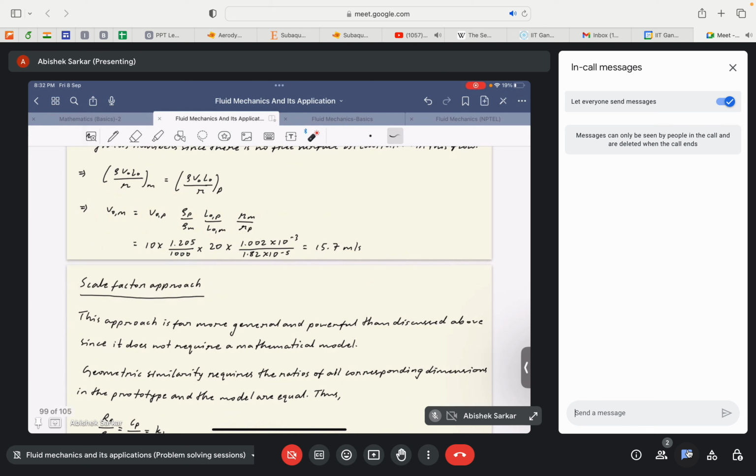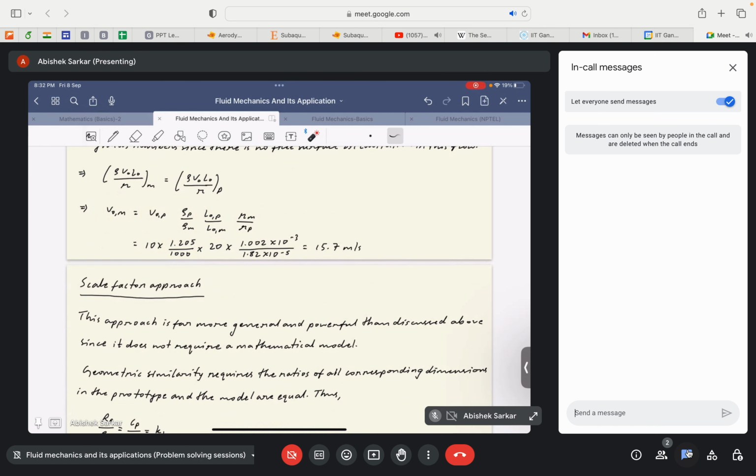So here you can easily see that if the fluid was the same, then the density would have remained the same. So this would be cancelled out, this would be cancelled out.